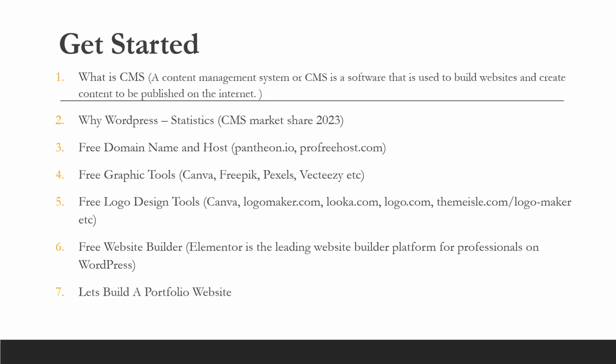It's software used to build websites and create content to be published on the internet. So why WordPress? We're going to look at statistics. Why are we picking WordPress? Because there are quite a lot of content management systems out there. We're going to look at the content management system market share for 2023. Maybe that will do justice to our choice of WordPress.